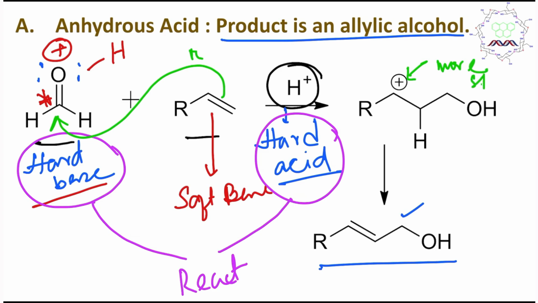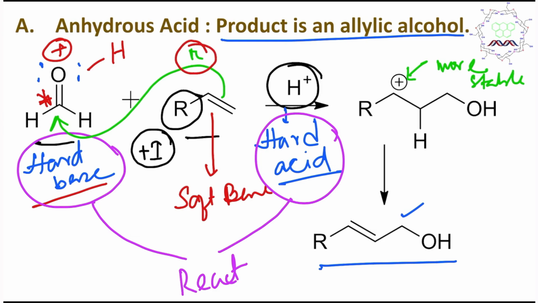Okay, and in this case I have used this substituted alkene, and generally it is considered that this R is electron rich or donating, or you may consider it has some plus I effect. Why am I saying that it should be donating? See student, here alkene is acting as the nucleophile to the carbonyl, so it is expected that alkene must be electron rich, because we know if alkene is attached to any electron releasing group, it is electron rich, but if it is attached to any electron withdrawing group, it is deficient.